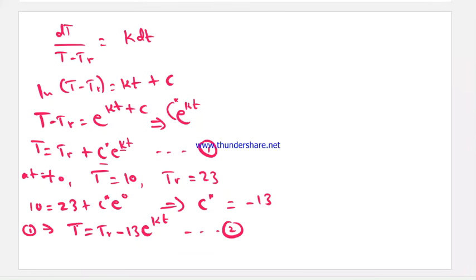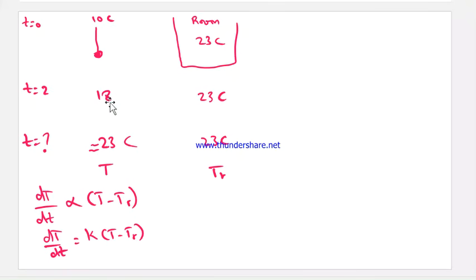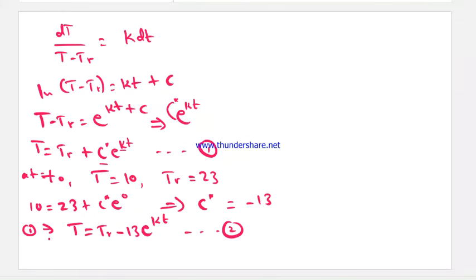To get our k, we can use the second condition, which is that at 2 minutes, T has become 18. So 18 equals 23 minus 13 exponential k times 2.